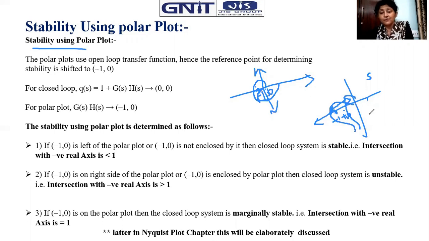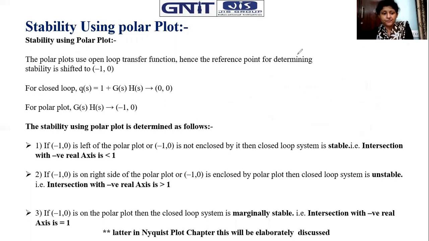I will be interpreting the same issue later on, not today. So what we have here is minus 1. Why is that minus 1 point very important? Because our consideration is that we are handling the open loop transfer function, not the characteristic equation. That's why T(s) is taken as 1 plus G(s)H(s).